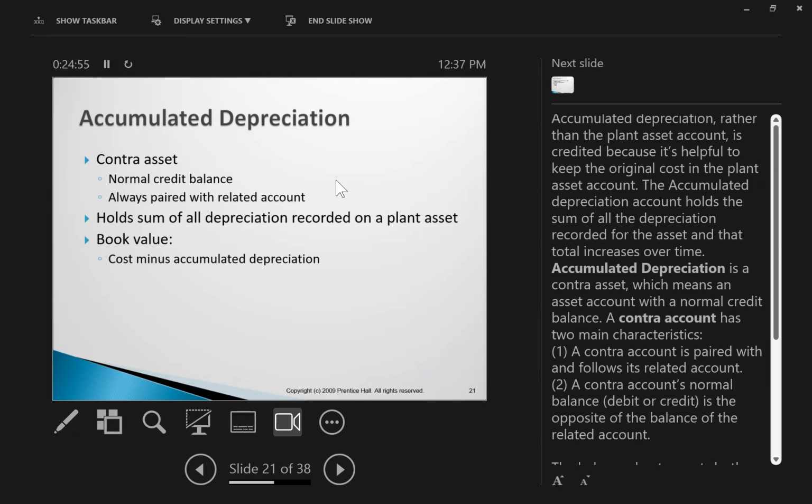So this is going to have the opposite properties. To add to accumulated depreciation is going to be a credit, okay? It holds the sum of all depreciation recorded on a plant asset. The book value is cost minus accumulated depreciation. Okay, so that's why that works the way it does.